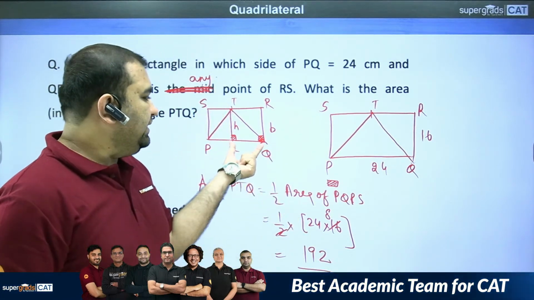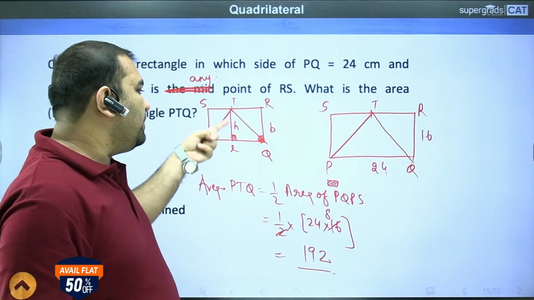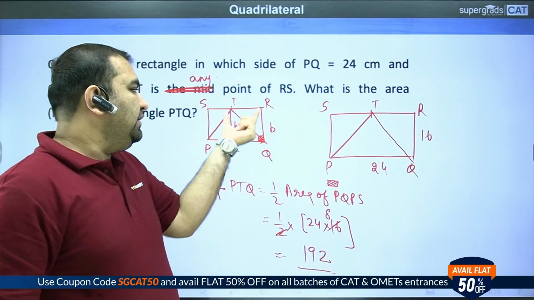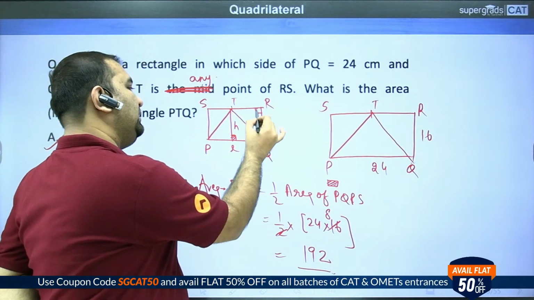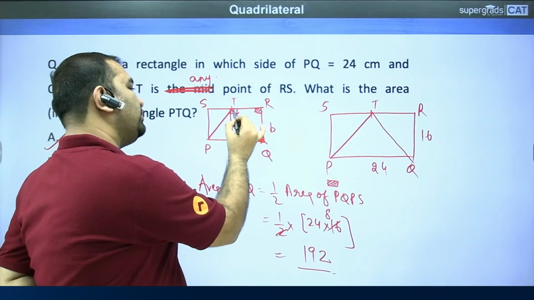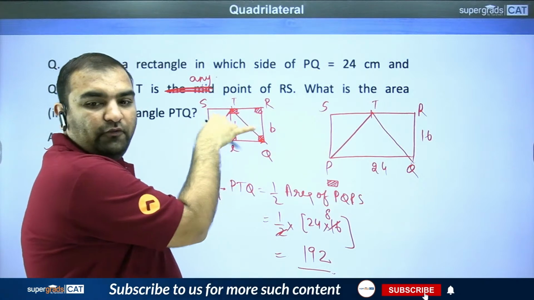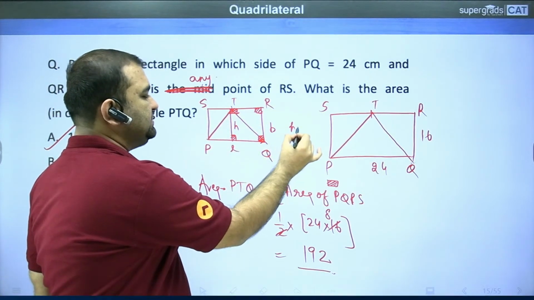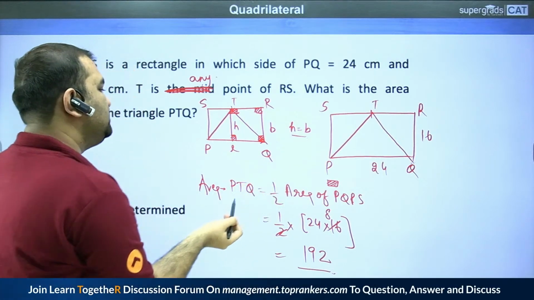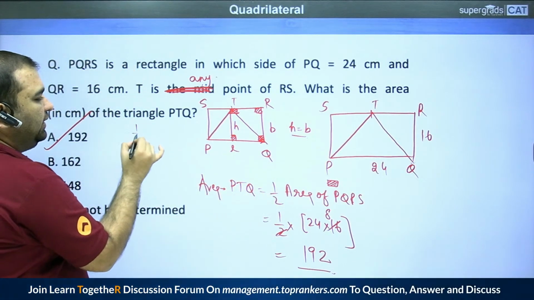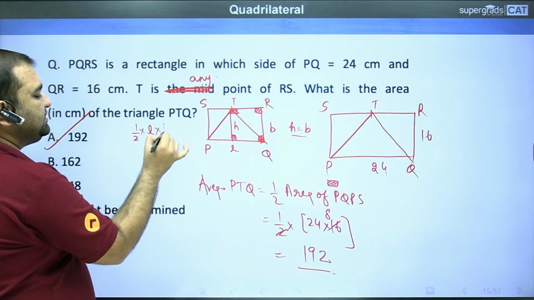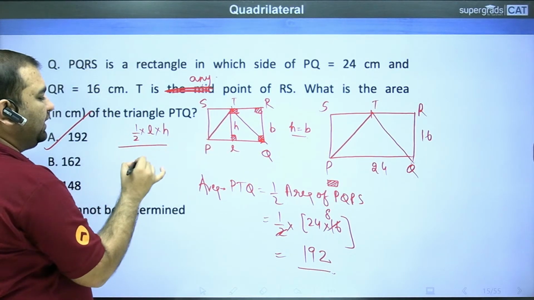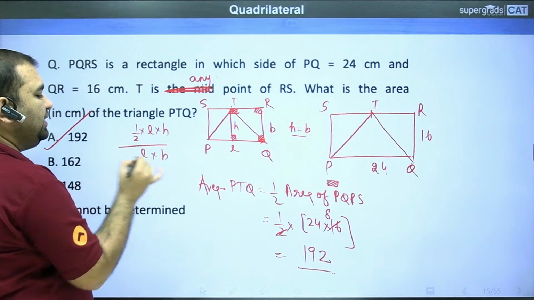If three angles are 90, the fourth is also 90. In a rectangle, opposite sides are equal, so H is equal to B. The area of the triangle is half into L into H, and the area of the rectangle is L into B.